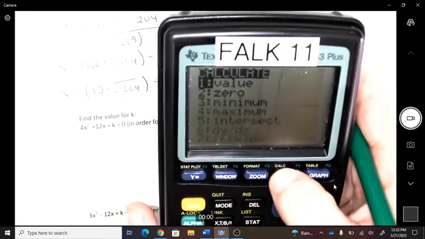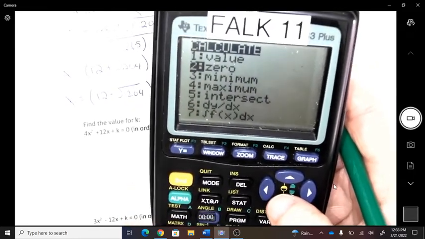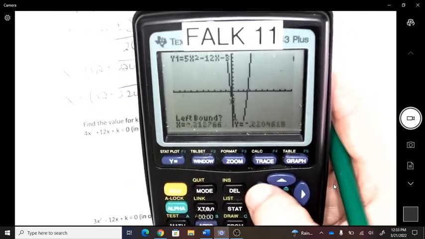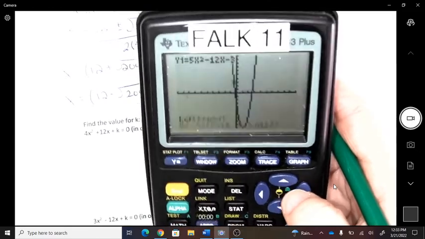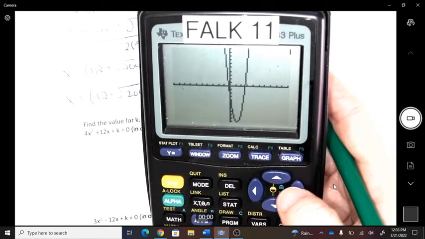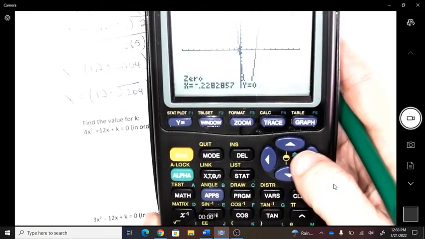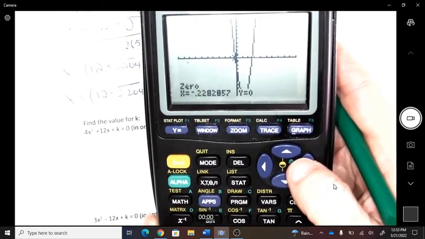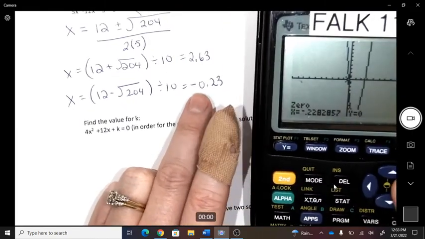So I tell my calculator to find the 0. It's called a 0. And then I move my mouse left, right, enter, and I get negative 0.23. It just got it for me, and that was our answer.